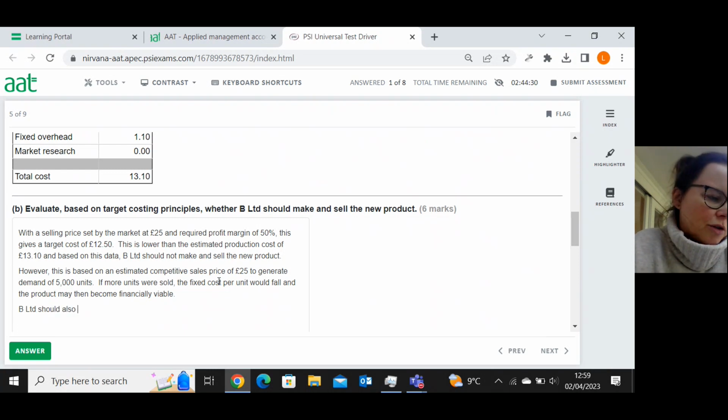B Limited should also consider where this product sits in its portfolio of products.